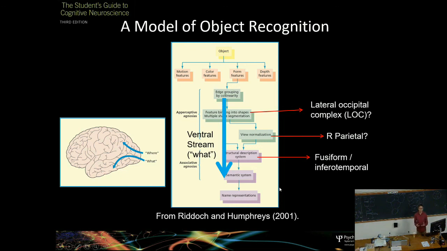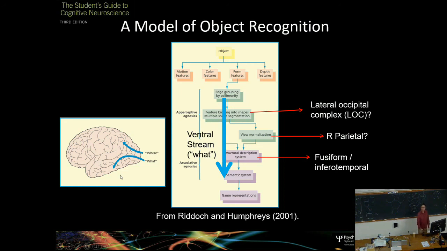And the way in which we describe this is in terms of the what stream, or the ventral stream. And basically this runs from your visual cortex down your temporal lobes. So your temporal lobes are involved in high-level vision, but they're also involved in perceptual memory, in language, in conceptual knowledge.